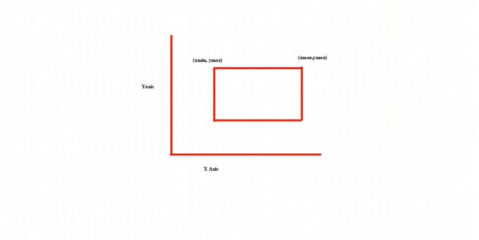The coordinate for the lower right corner is x max, y min, and lastly the coordinate for the lower left corner is x min, y min. So this was the definition of your viewing window. You have mathematically defined it in terms of four coordinates, right?